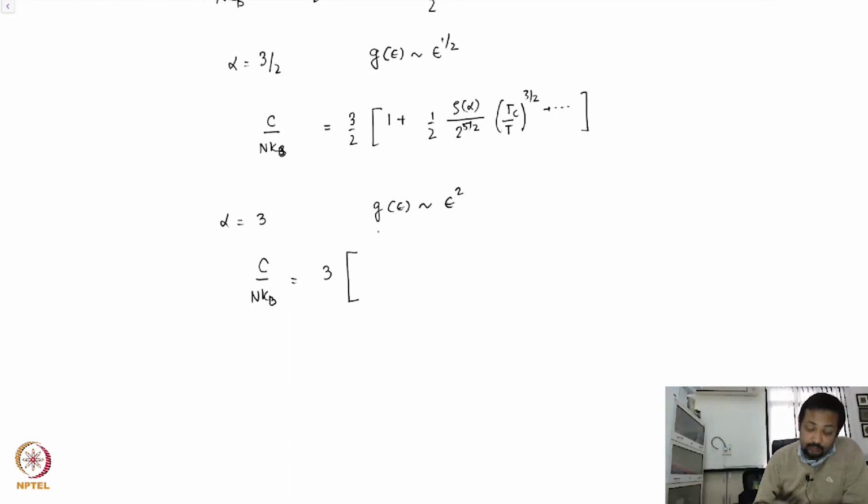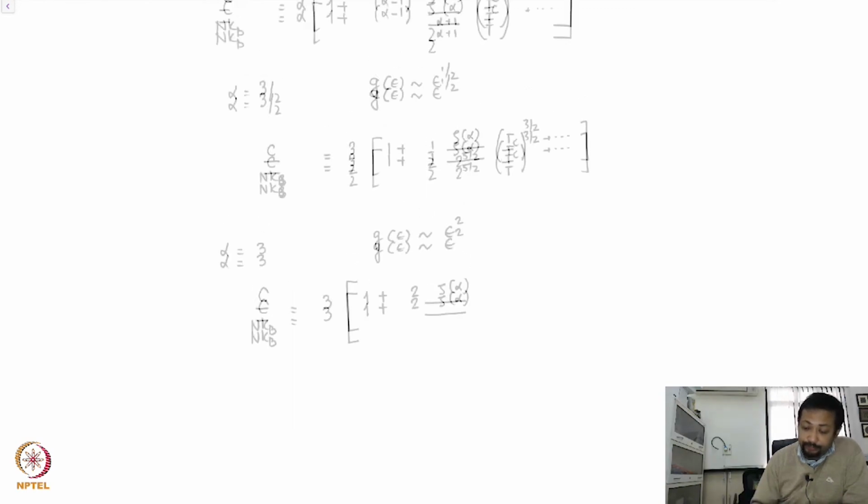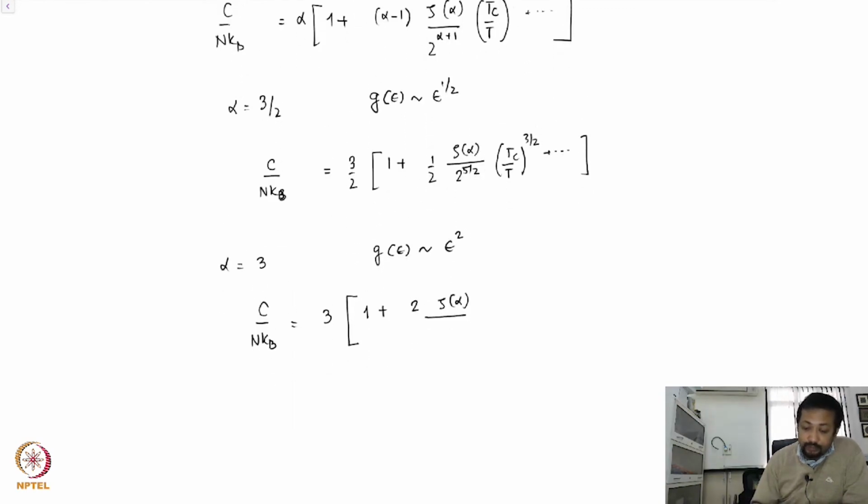This is the classical Dulong-Petit law, 1 plus 2 zeta alpha raised to the power 2 to the power 4 Tc over T whole cube, plus higher order terms. The 2 cancels with 1 power of 2, and we can simplify this and rewrite this expression as 2 cubed.